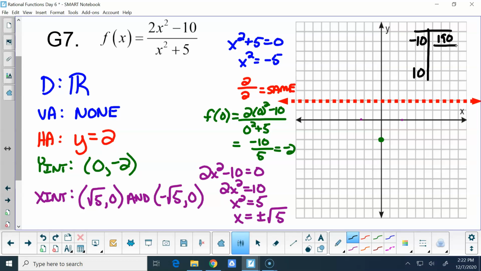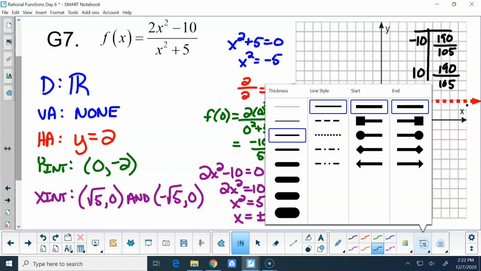Negative 10 squared is 100, plus 5 is 105. And so that's going to be about 1.9. Positive 10 is going to be the exact same thing, 190 over 105. So that's going to be about 1.9.